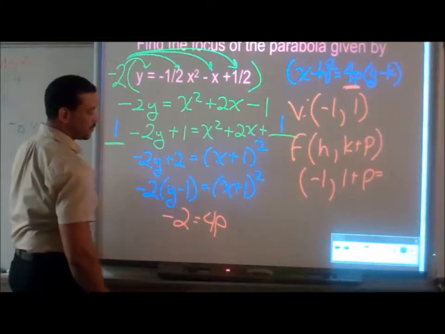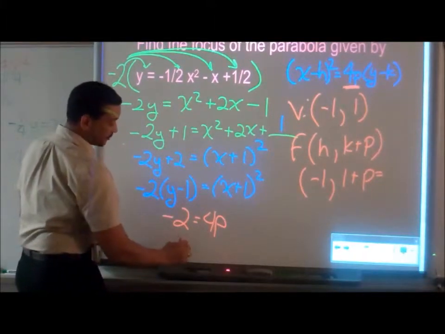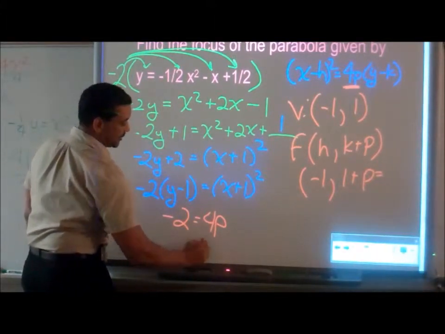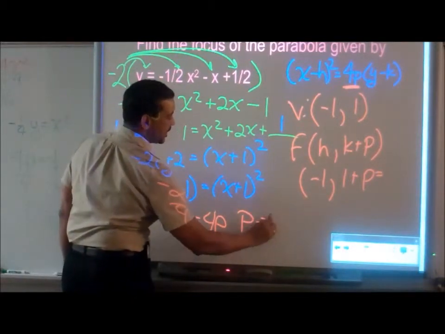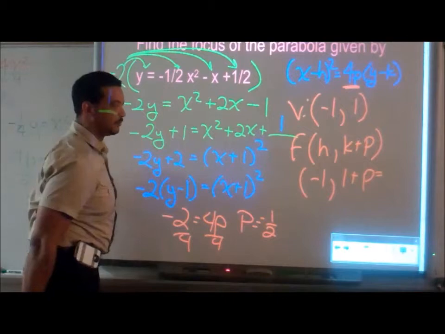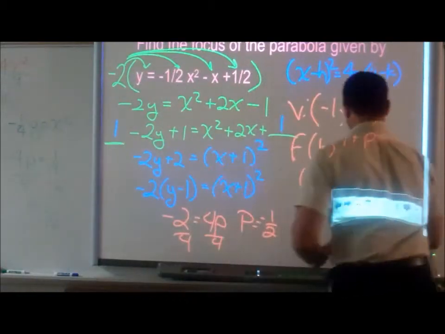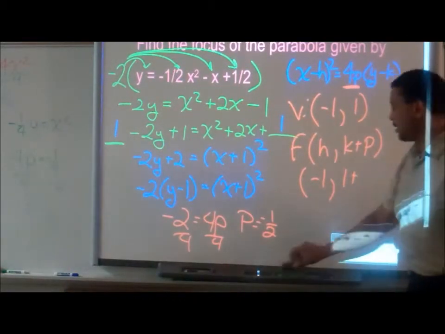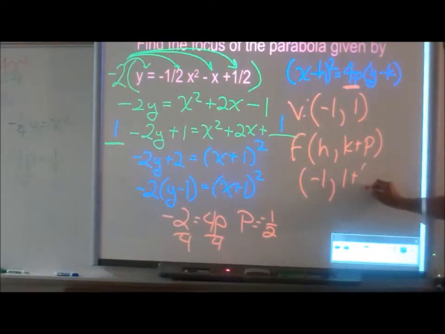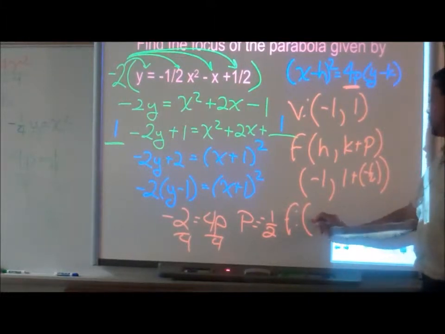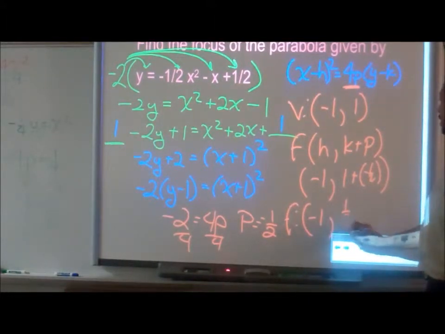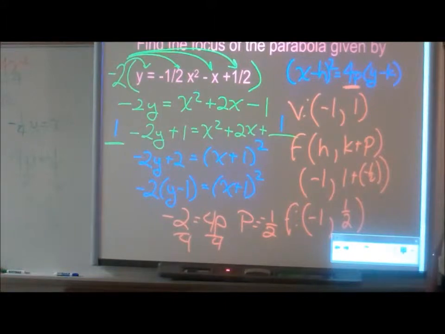So 4p is equal to -2. That means we divide both sides by 4, and p is going to be equal to -1/2. So all we're going to do is plug this in here. So we got -1/2. So our focus is going to be -1 and a half for that point there.